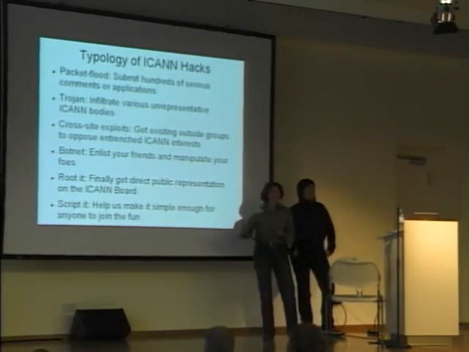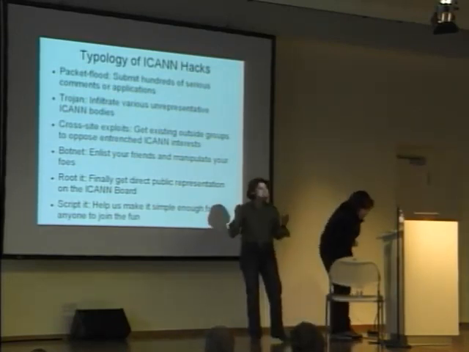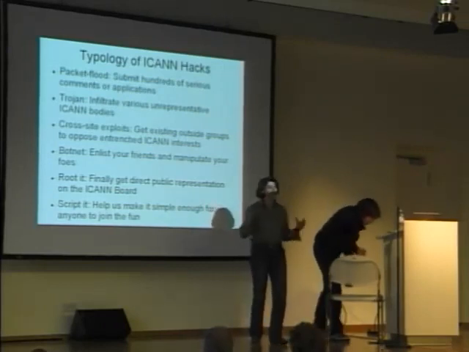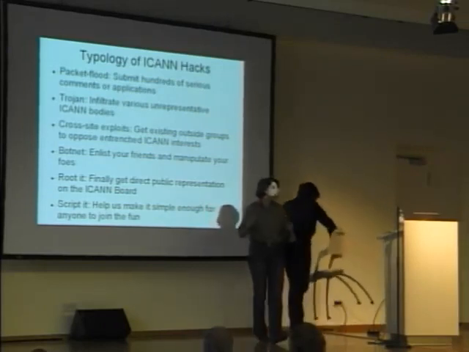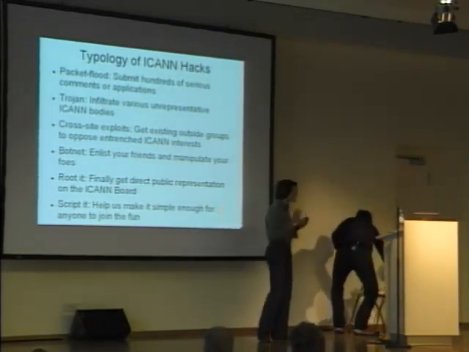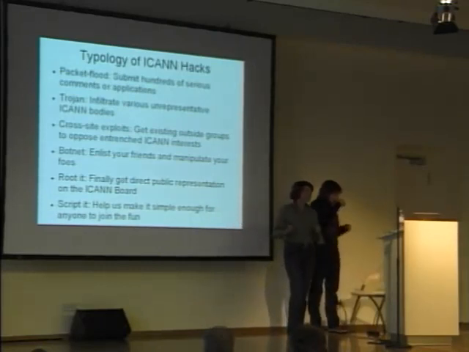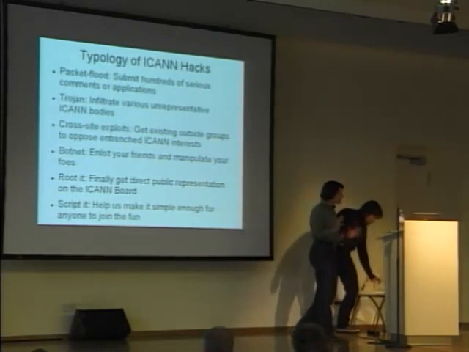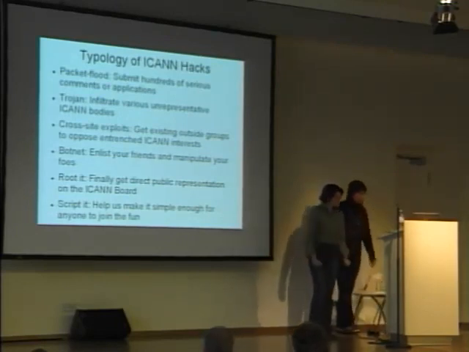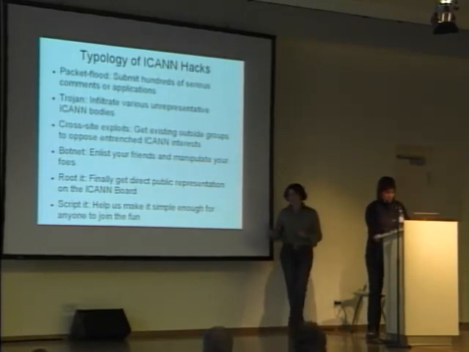Cross-site exploits: get some existing organizations involved in the Icann process. They don't have to become slaves to the Icann process or devote all of their time to it, but can send in comments from time to time to let Icann know that somebody from outside is watching and somebody cares, and put these positions into the debate.